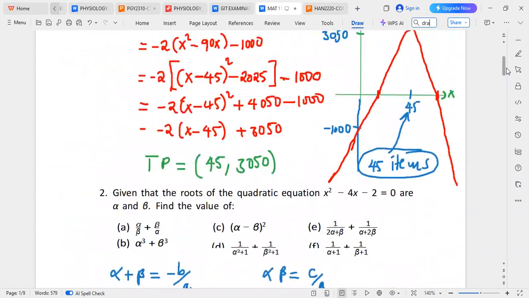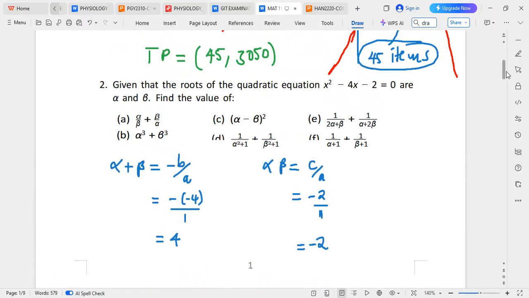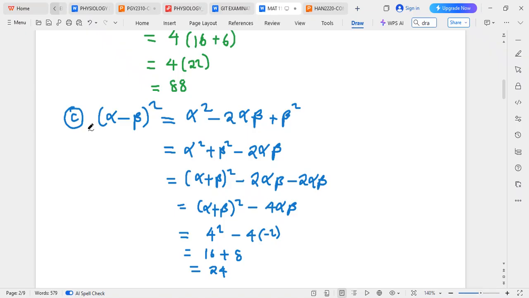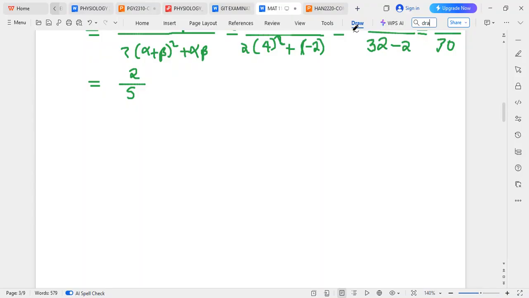The last part of this question is 1 over alpha plus 1, plus 1 over beta plus 1.